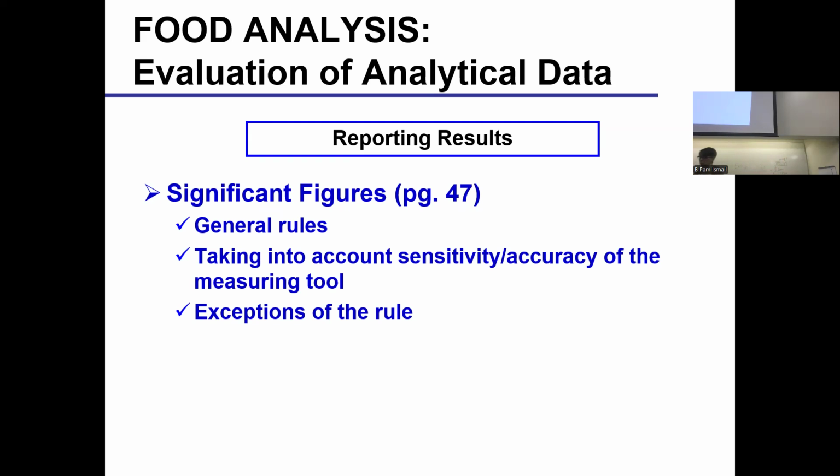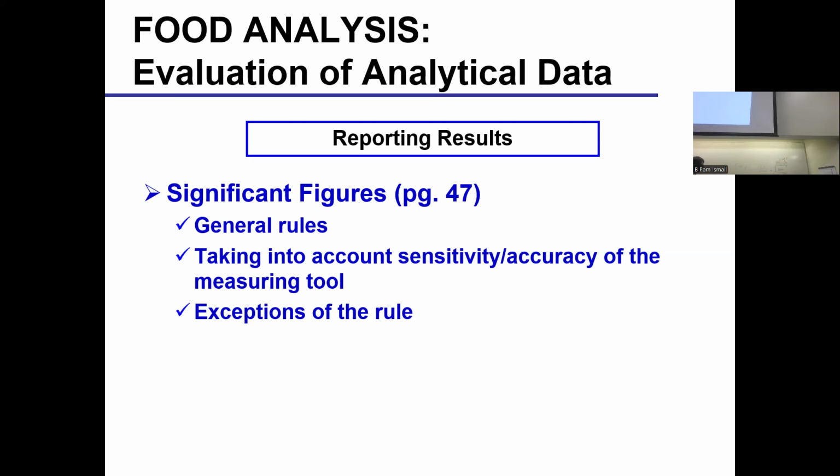So a lot of what we're using in the lab, whether it's volumetric flask or volumetric pipette or mechanical pipette or a balance, they all have specific accuracy that we take into account when we record our values. Okay, so which brings me to this, I said it very fast here, rounded.